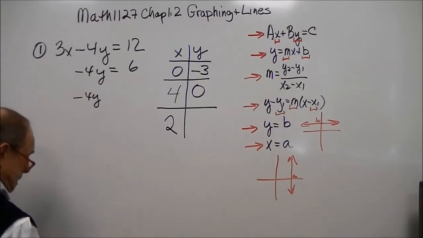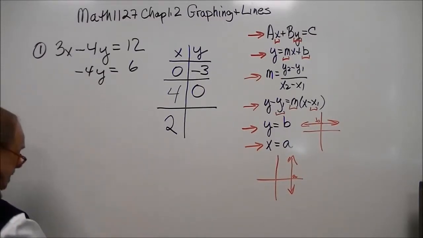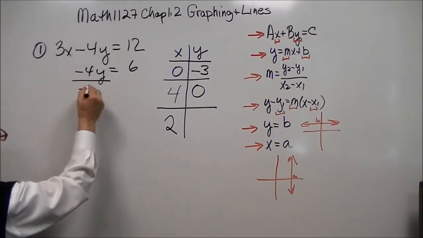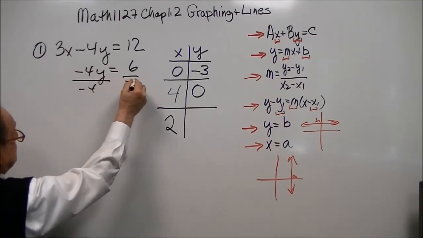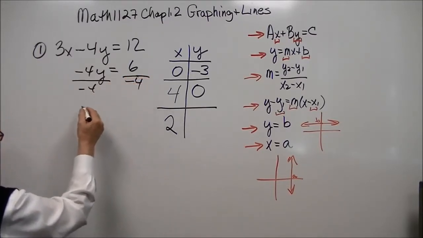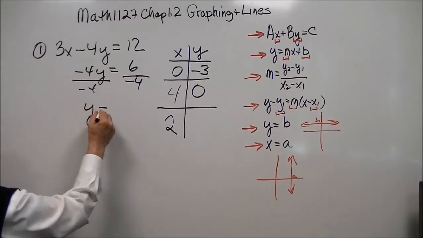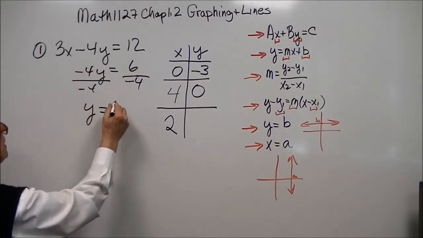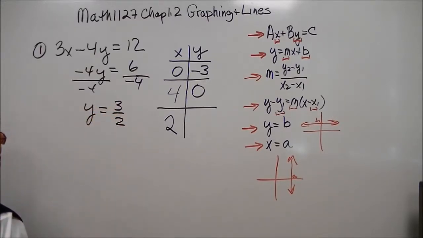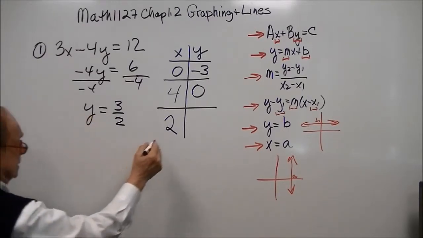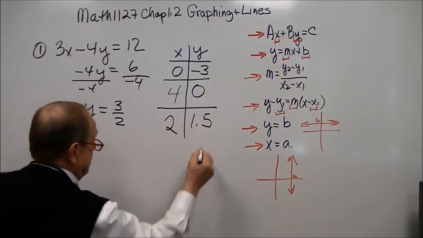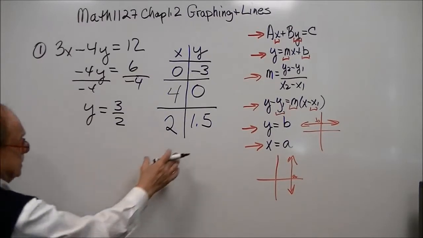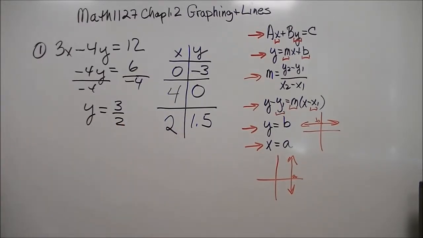Well, I have to divide both sides by -4, and this becomes a positive y now, and this becomes 3/2. And 3/2 is 1.5. So this just gives us another point. It would have been more convenient if I picked one that wasn't going to end up with a fraction, but sometimes they do. And now we're going to graph this.